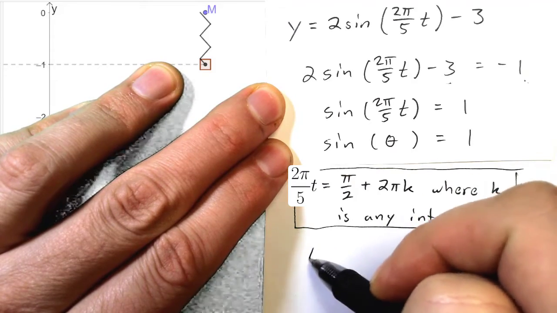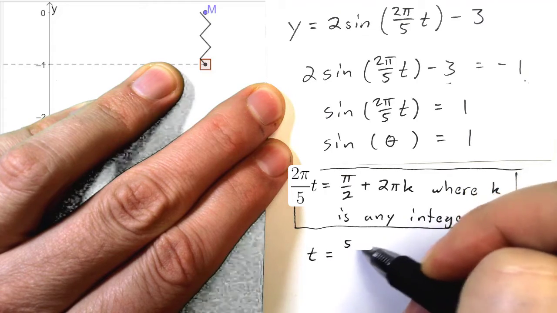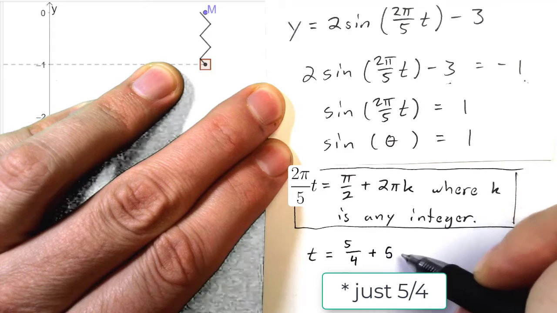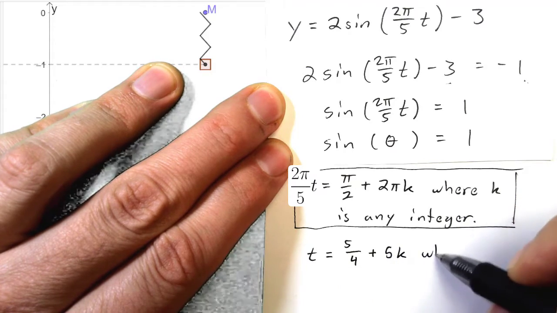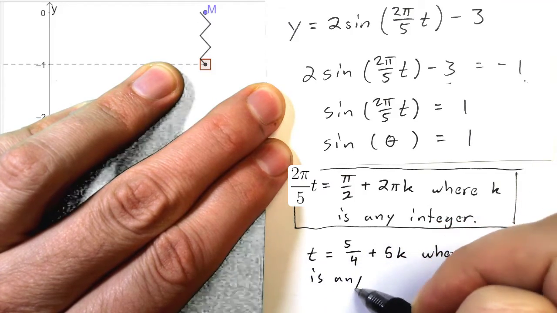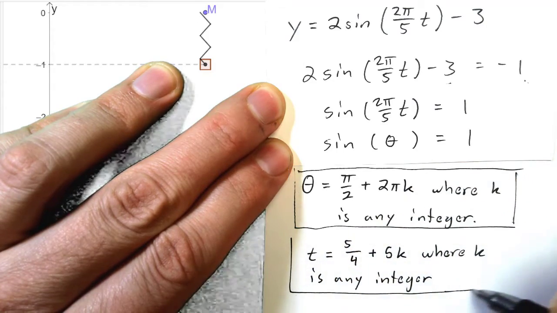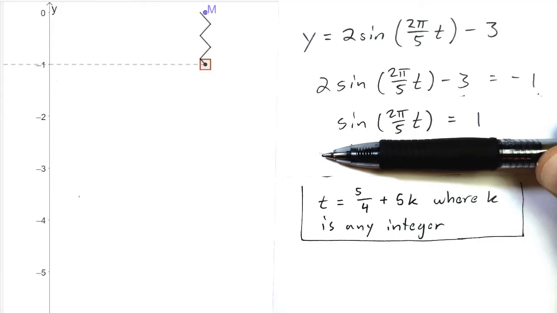And so what I find is that t is equal to 5 pi over 4 plus 5k, where k is any integer. So this is my solution here. I would write my solution like this. These are the times where the mass is at its highest position.